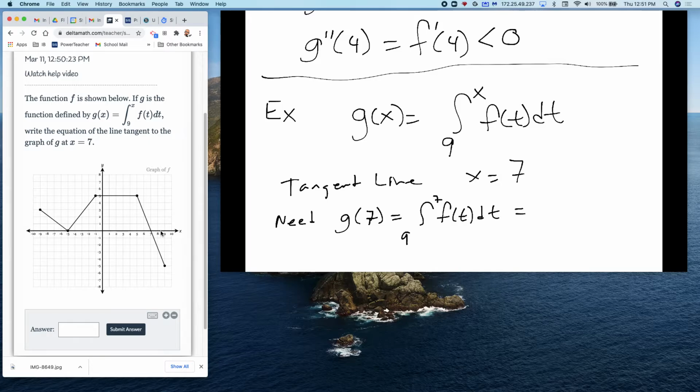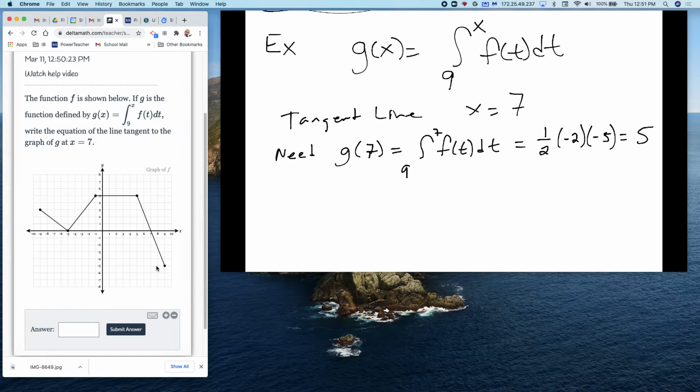But it's going from 9 to 7, so it's going in a negative direction. So together, that's a positive. So that's 1/2 times -2 times -5, which ends up being 5. It's -2 because we're going from 9 to 7. It's -5 because the height of this is -5. So that's one piece we need.